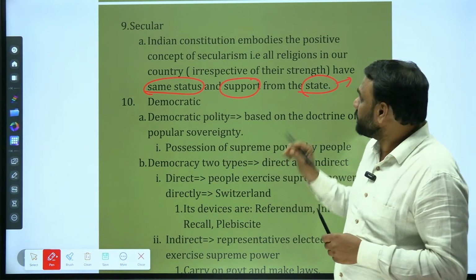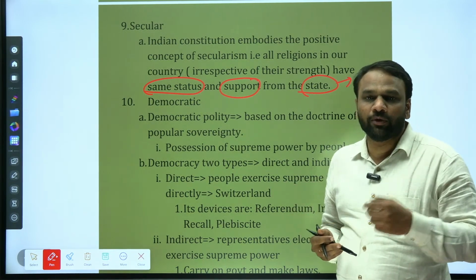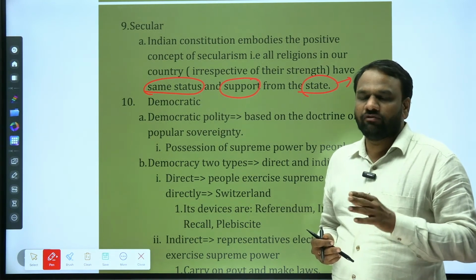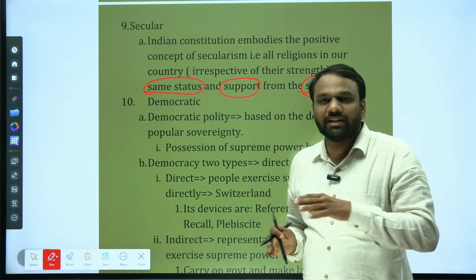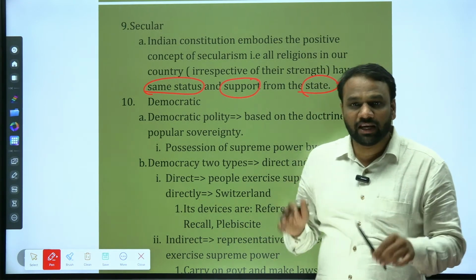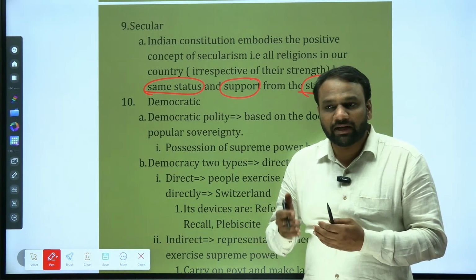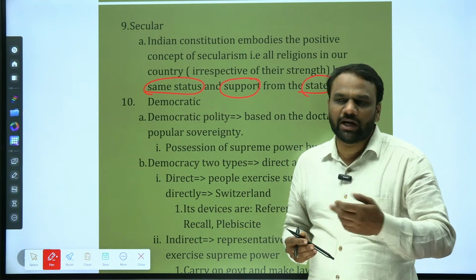So the Indian Constitution has the positive concept of secularism. In some other countries, there is a negative concept of secularism, for example, where the state is free from religion. In some other countries, the government will not interfere in religious matters. But here in India, the government will interfere in religious matters. But how does it interfere? It maintains equal distance from all the religions. We see this in our day-to-day life.